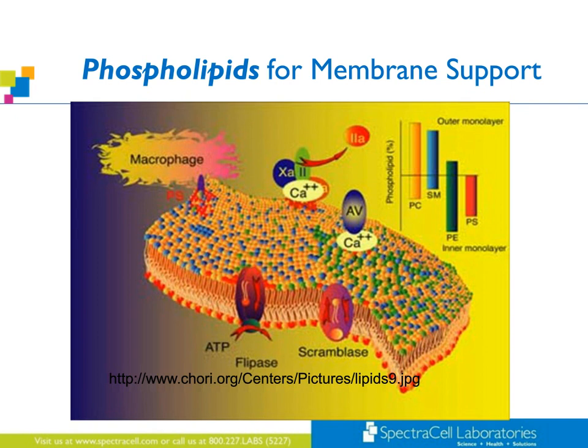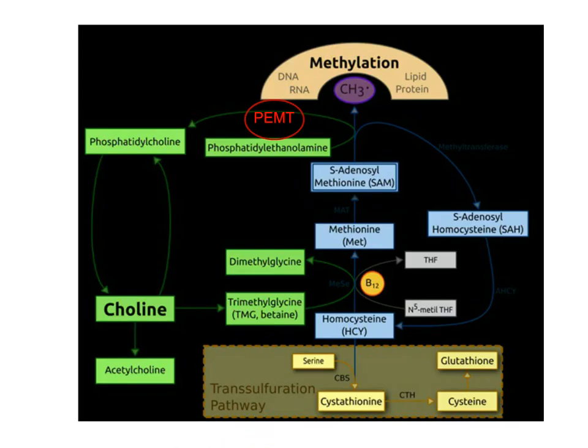If an individual is deficient in phosphatidylcholine, then the membrane support of the organelles and of the cell will over time begin to suffer. So we want to make sure that a patient has adequate phosphatidylcholine, and in the methylation pathway, I want to point out where that is being formed.